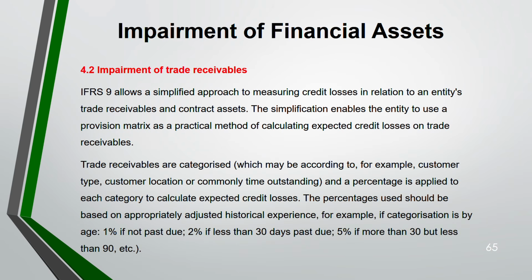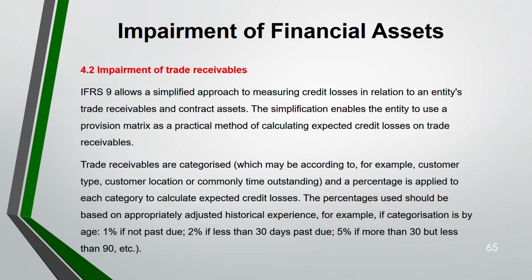Trade receivable will be categorized based on, for example, customer type, customer location, or commonly the time outstanding. They will apply a percentage to each category based on how much loss they expect in that category. Mostly the percentages will be given to you in the exam, because it is based on experience.